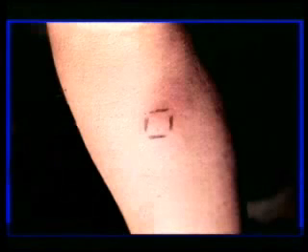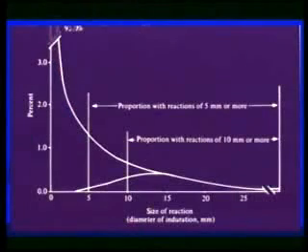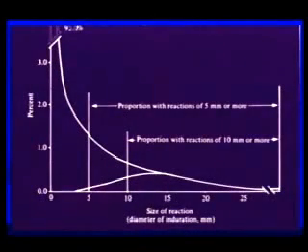What we look at is the induration, not the erythema. You feel it. And it turns out that this is the size of the reaction. 10 millimeters used to be the cutoff for the TB skin test. Today we have arranged a hierarchy of criteria as follows. If a healthy medical student, an ordinary healthy person, has a tuberculin skin test, we insist on 15 millimeters before we would treat.